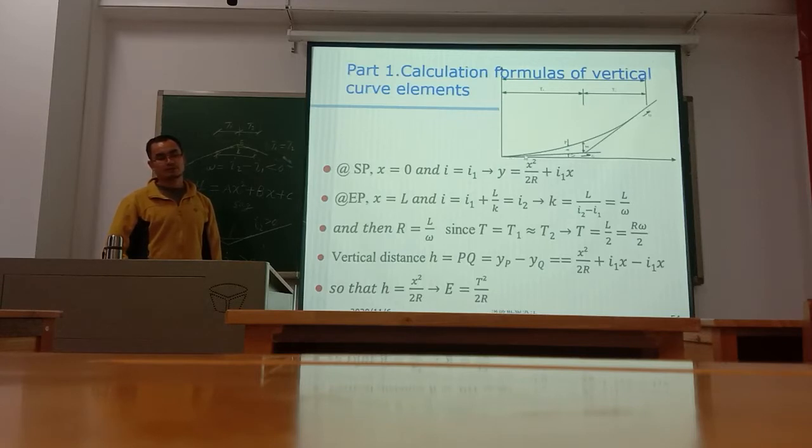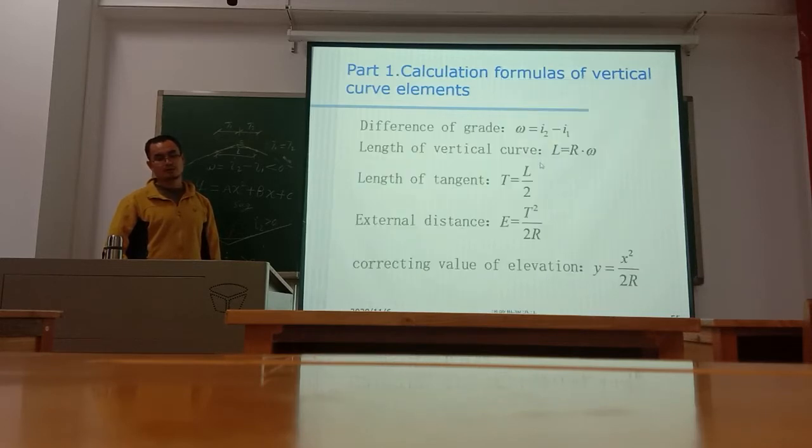And I1, I2, omega. I1, I2, omega. Y, the correcting value of elevation, y is equal to x squared divided by 2 times the radius.